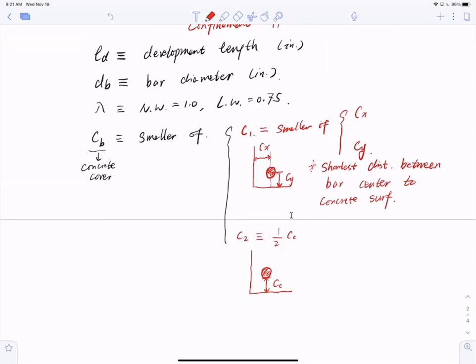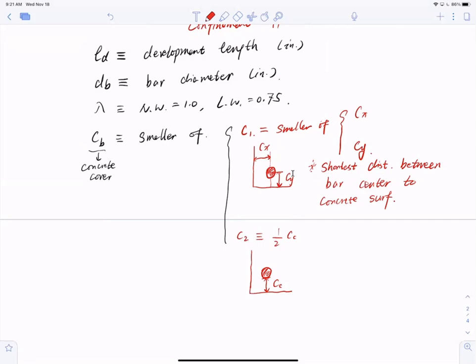So it means half of that. So CB, the concrete cover related coefficient, is the smaller value of these two. Now, this is the corner here.